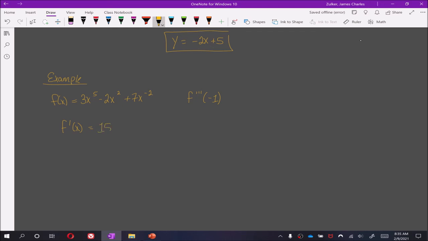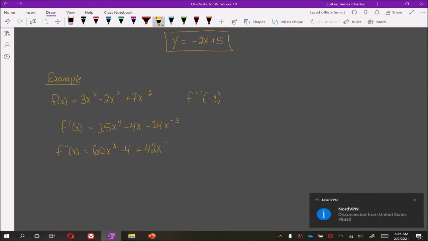That'll be 15x to the 4th minus 4x minus 14x to the minus 3. Now we need the second derivative, which is the derivative of the first derivative: 60x cubed minus 4 plus 42x to the minus 4.